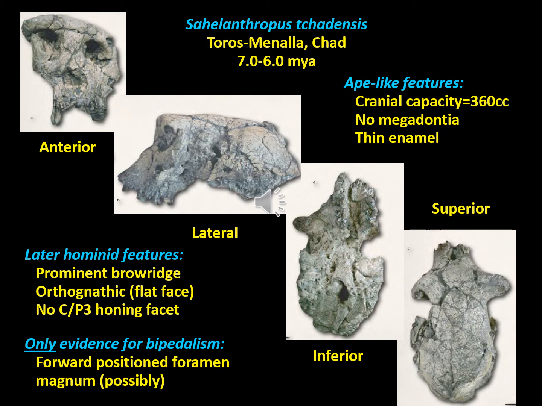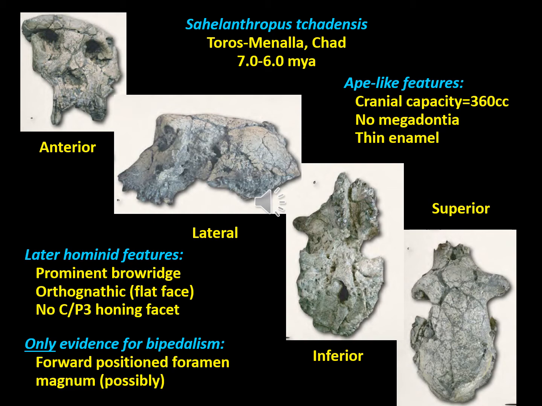And the features of a hominid are specifically walking on two legs, bipedalism. So that's one way to identify a hominid. The other way to do it is the loss of the C-P3 honing facet. So canine on the maxilla or upper jaw, and the first premolar on the mandible or lower jaw.